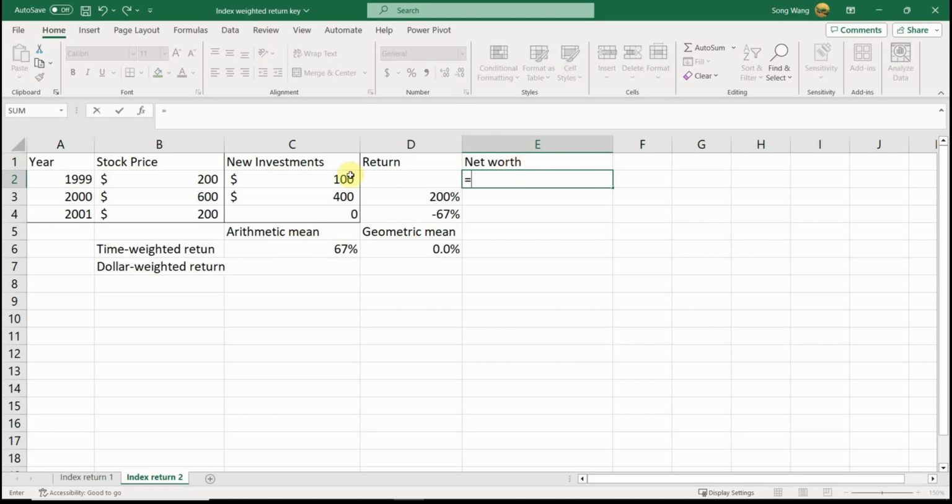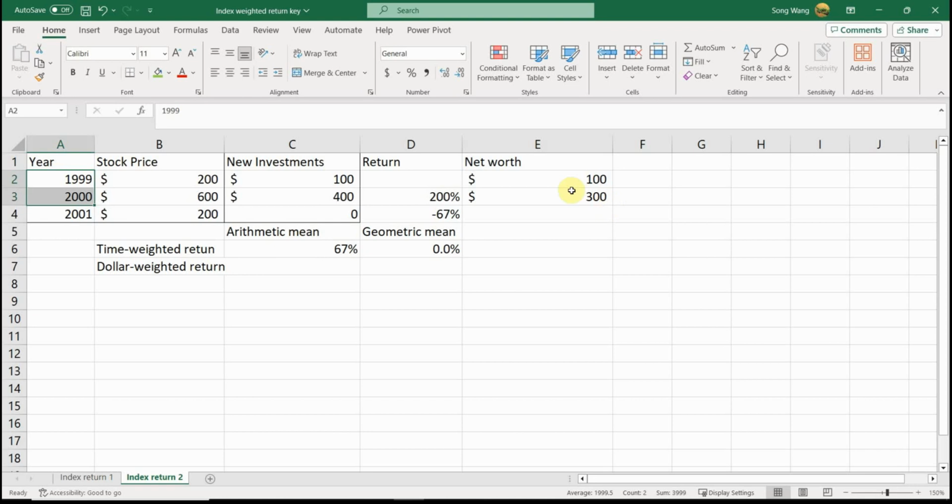So your net worth at the very beginning in the year 1999 is $100, and then this $100 will increase by 200%. So it's $100 times 1 plus the 200%. Okay, so that's a happy moment. The $100 will turn to $300, after a 200% increase from 1999 to 2000.